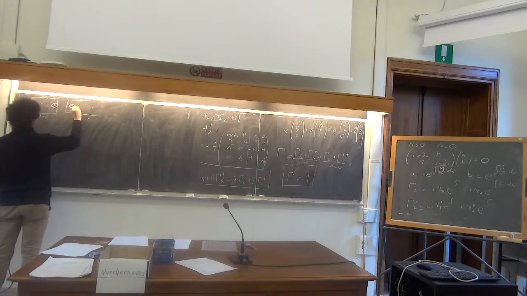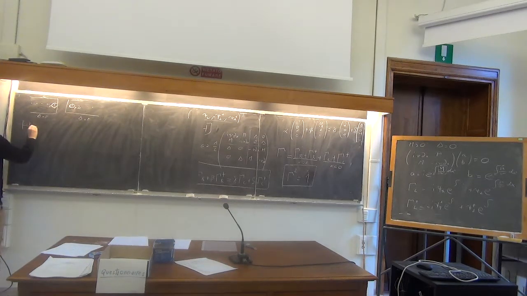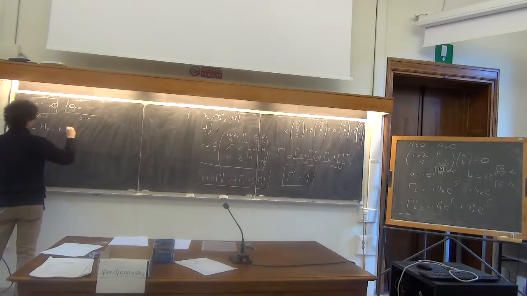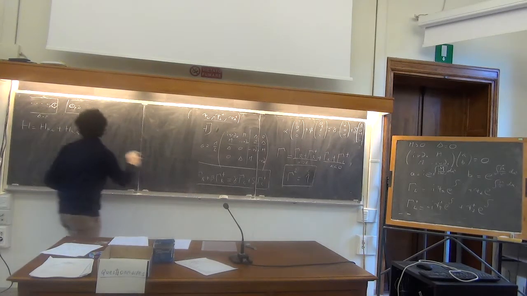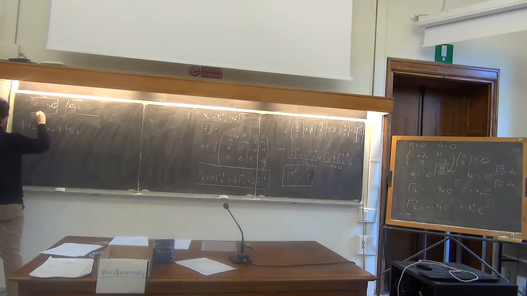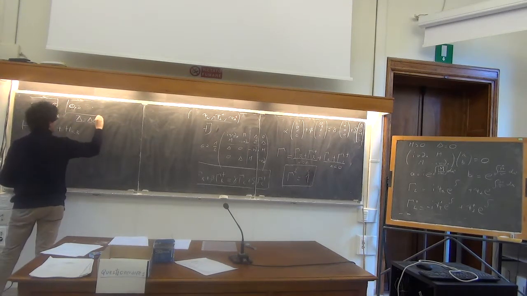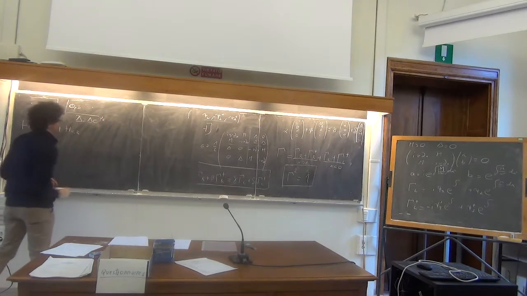Imagine, for example, that mu is equal to 0 and mu is equal to 0. I will have a Hamiltonian, which is the Hamiltonian of the Kitaev chain on the left, plus the Hamiltonian of the Kitaev chain on the right. But the important thing now is that I want to consider here the delta tilde, which is delta e^{i phi left}, and here delta tilde, which is delta e^{i phi right} at this point.